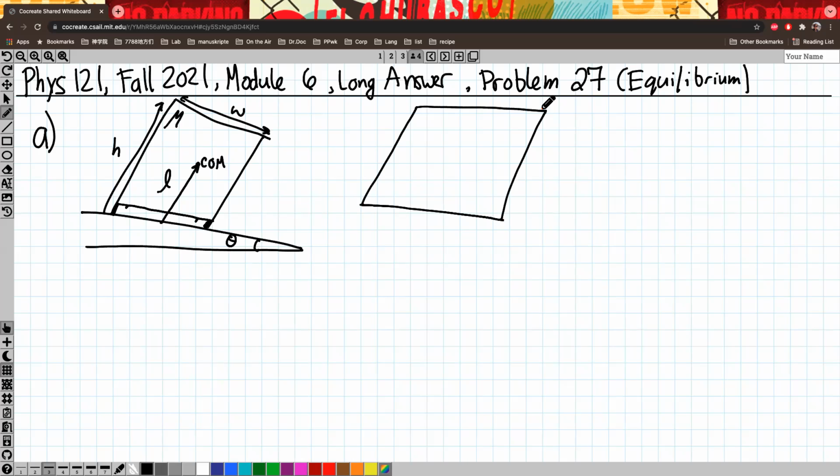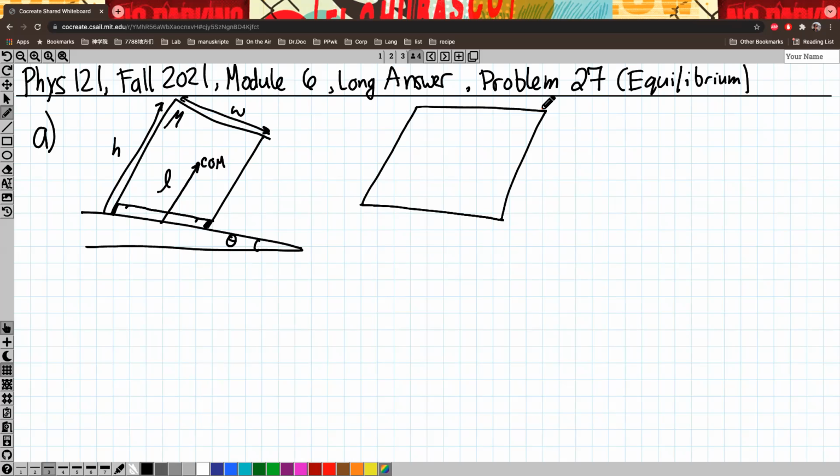Well, for this, let me just read the question again. So the static friction, but I don't think there's a force for static friction. Why not? I was going to say because it's not moving, but I guess there is a force. Why is it called static friction if there's no force? Yeah, you're right. Okay, so there's static friction going up the ramp. So that's the first force.